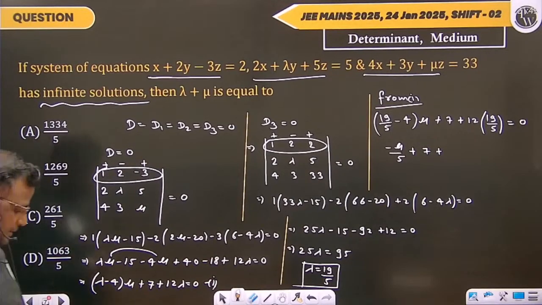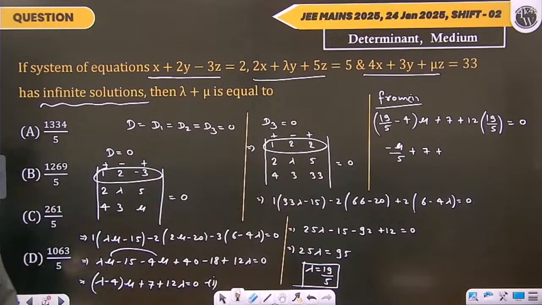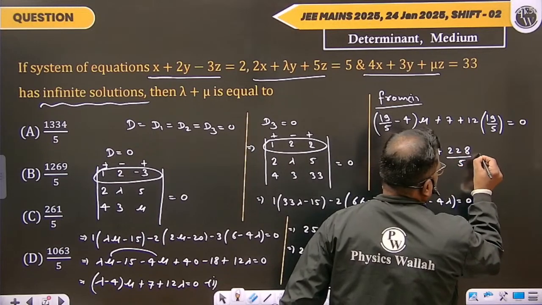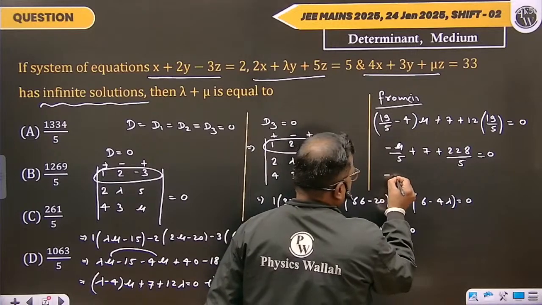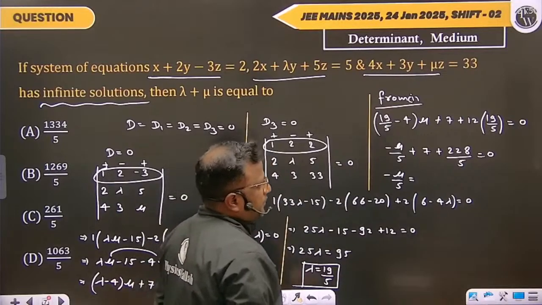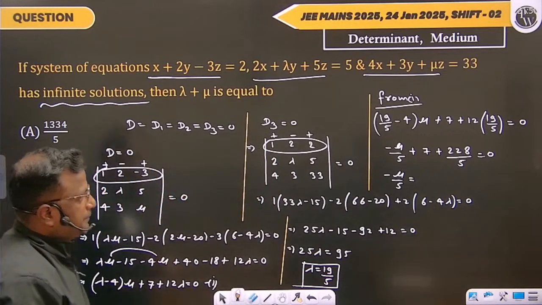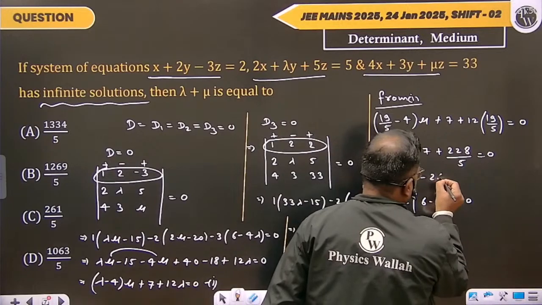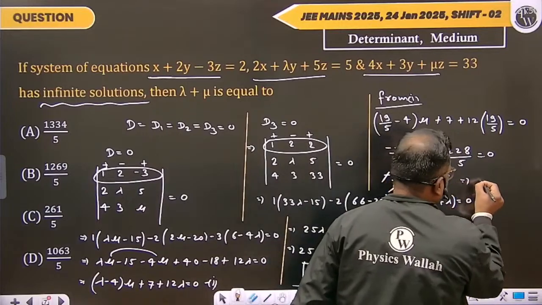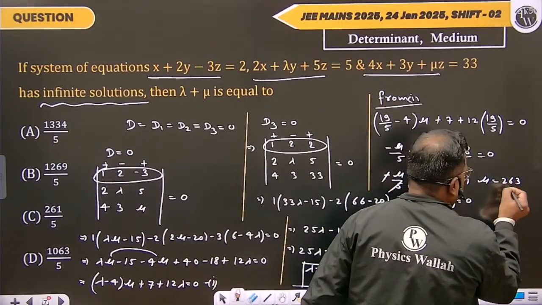Okay, minus mu upon 5, you can add 35, so maybe minus 263 upon 5. The minus signs cancel, so mu equal to 263.